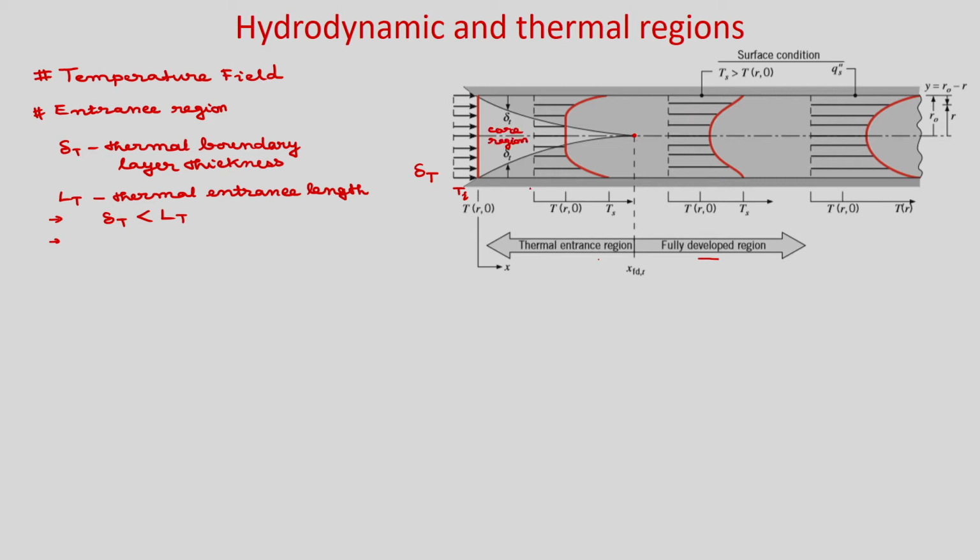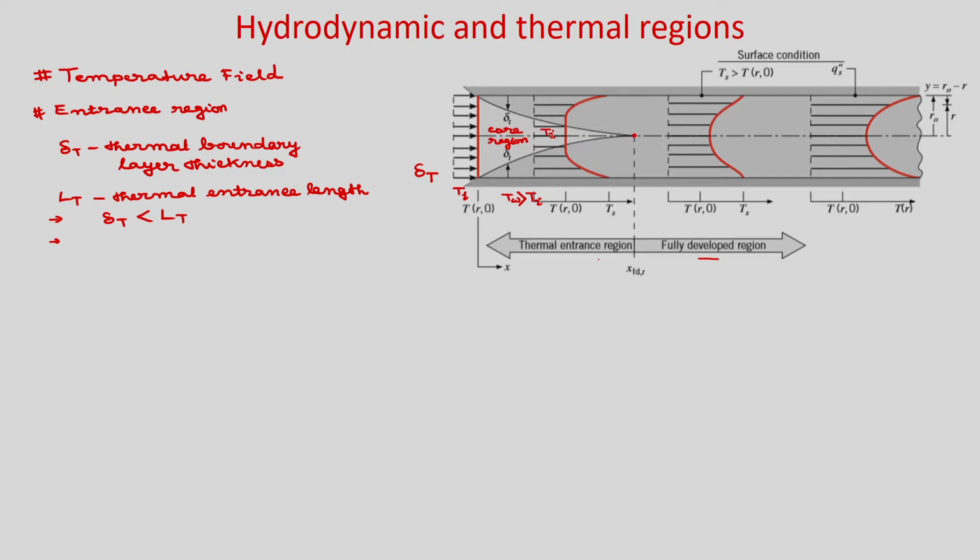So, the heat transfer is taking place from the surface to the fluid. If Tw is greater than Ti, then obviously from the wall to the fluid there will be heat transfer, and inside this thermal boundary layer there will be variation of temperature, but in the core region the fluid will remain at temperature Ti.